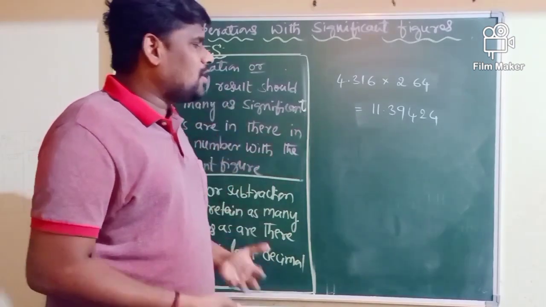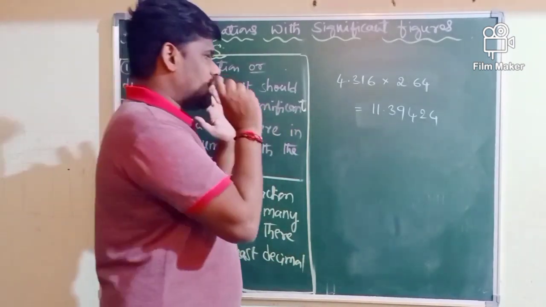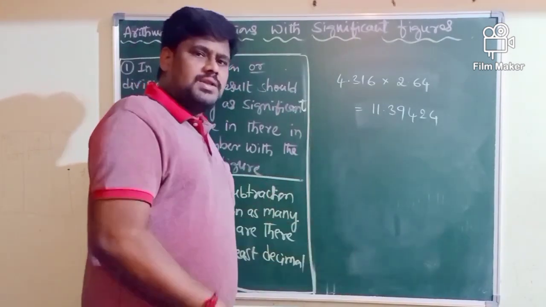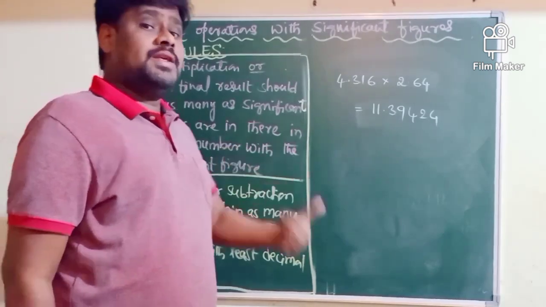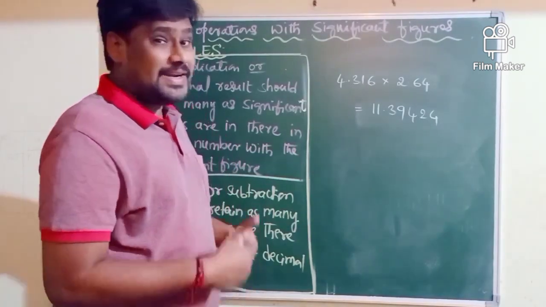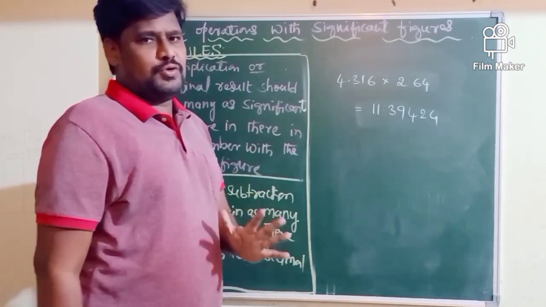But we are not maintaining all the digits in the result. Means we are not taking all the significant figures in the final result. Then how many significant figures are we going to consider? It is decided by the rule. Which rule?